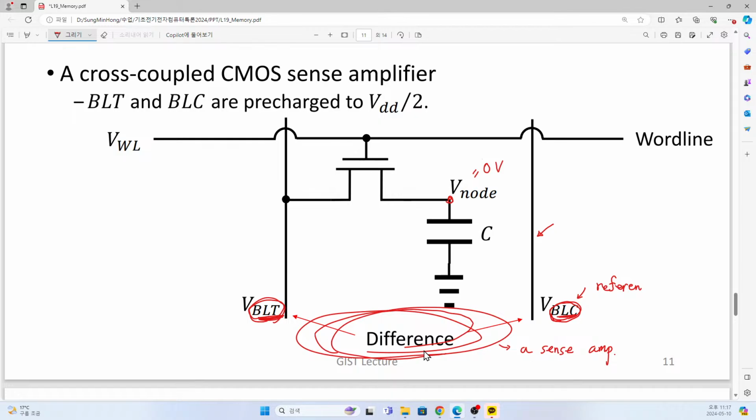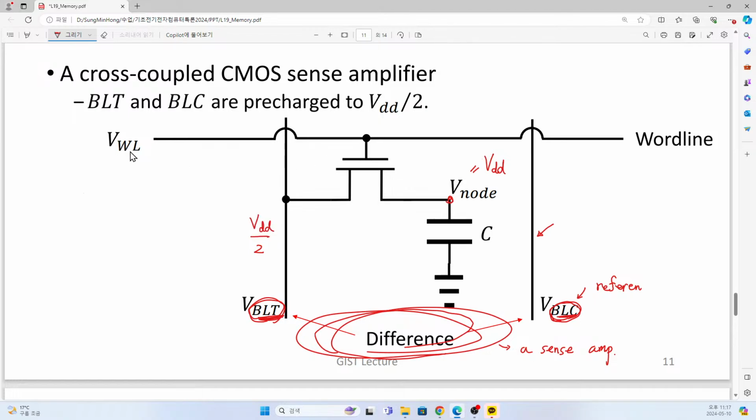But please think about this one. Let's say that previously we had something corresponding to VDD, and originally the bit line was biased at half VDD.